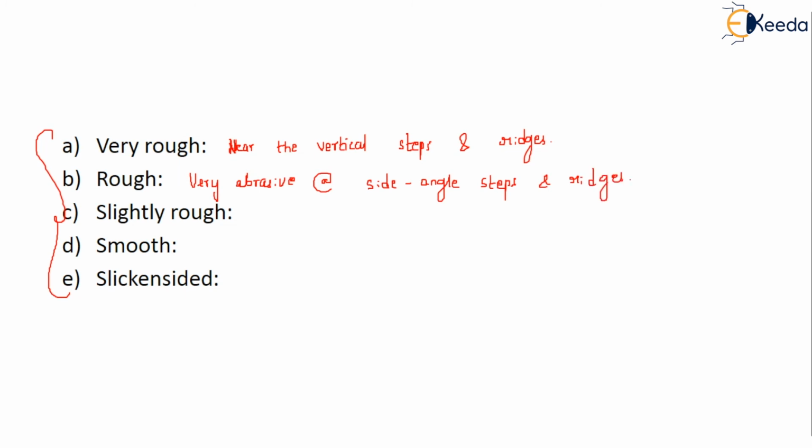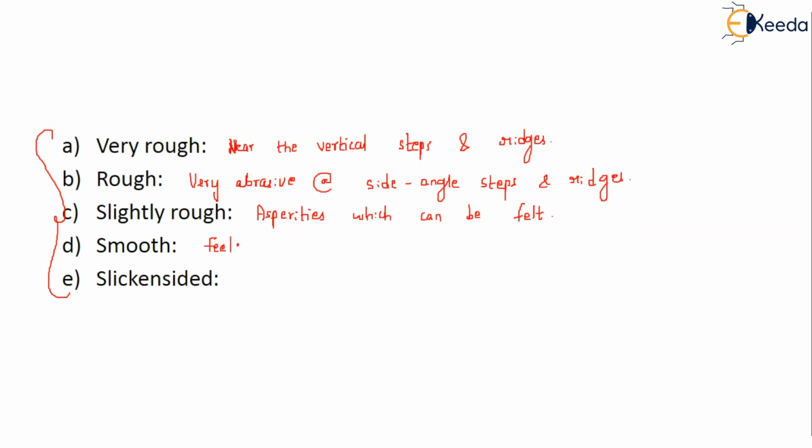What are slightly rough? These are discontinuity surfaces which can be distinguished and can also be felt. They will be in the form of asperities which can be felt. What is smooth? The surface will appear very smooth and feel so to touch. By looking only we will know.